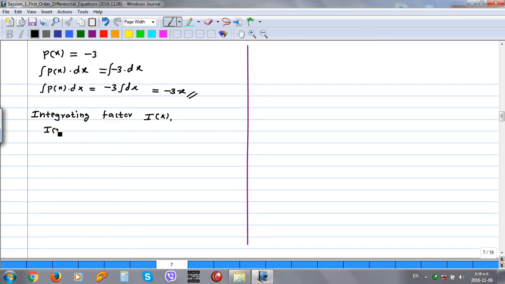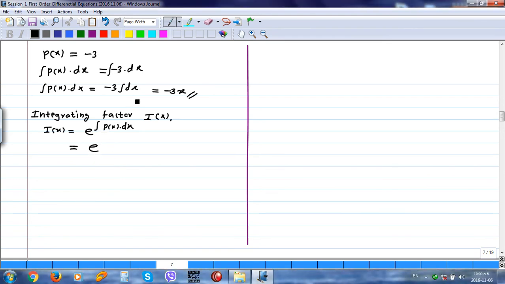I of x equals e to the power integration of p of x dx. So we found integration of p of x dx equals minus 3x. So we can substitute here. Then I of x equals e, instead of this part we found the value, that is minus 3x. Then this is the integrating factor.